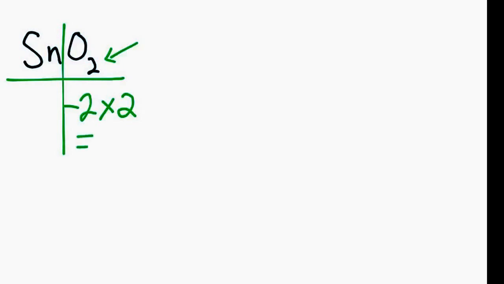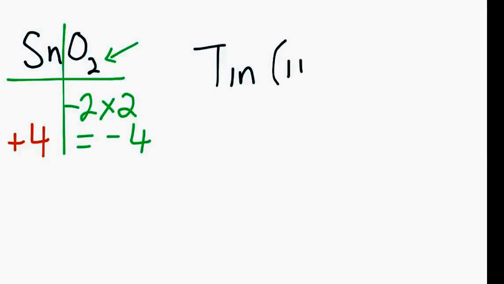So we have a total of -4. Tin, there's only 1 of them, so the total positive has to be +4, and there's only 1, so this compound is called tin(4) oxide.